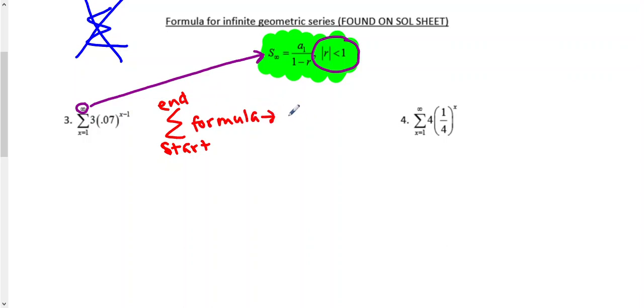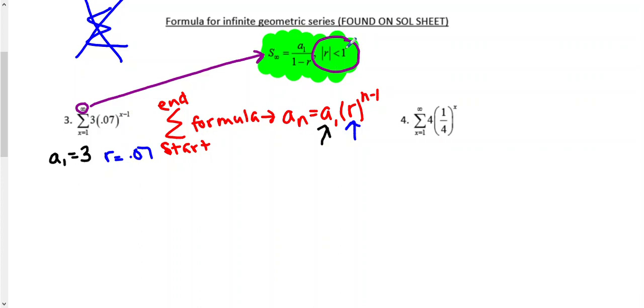And our formula is a sub n equals a sub 1 times r to the n minus 1. So a sub 1 is always in front of the parentheses. So for number 3, my a sub 1 equals 3. r is always inside the parentheses, so my r is 0.07.